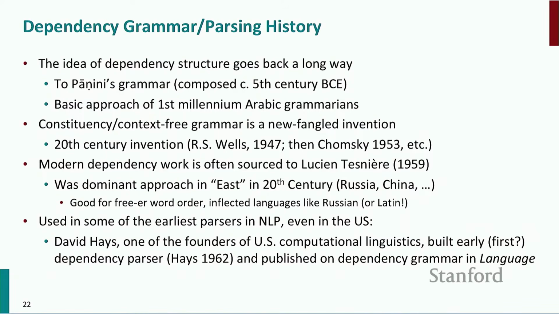So the predominant way of representing the structure of human languages throughout human history is dependency grammar. Who linguists herald as the first dependency grammarian, or really the first person who tried to write the grammar of a human language, period, was Panini.